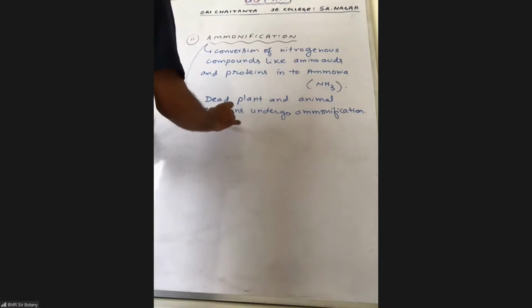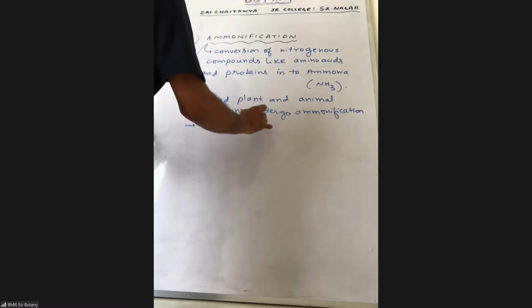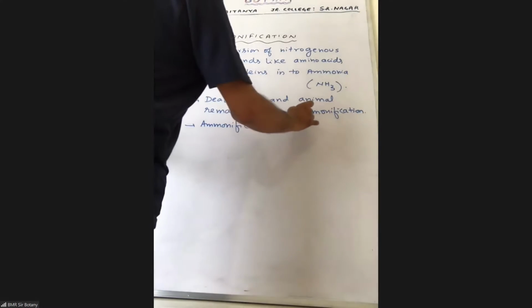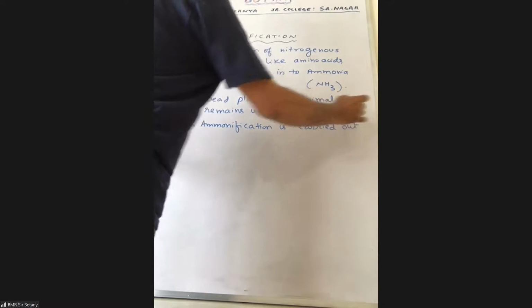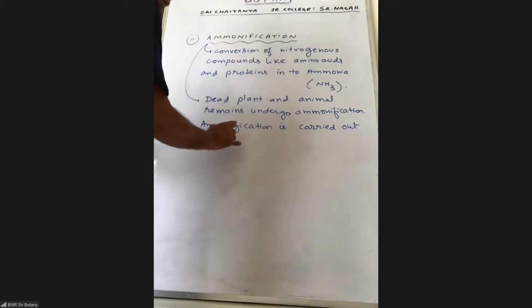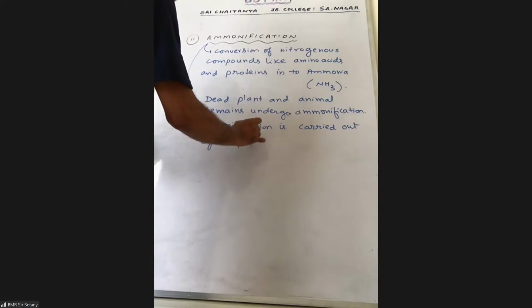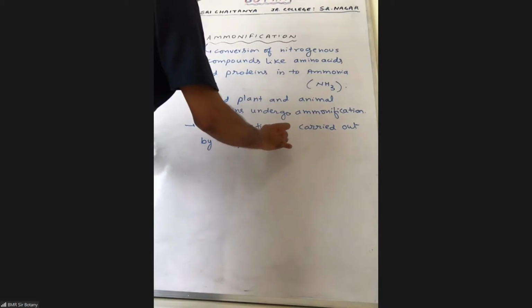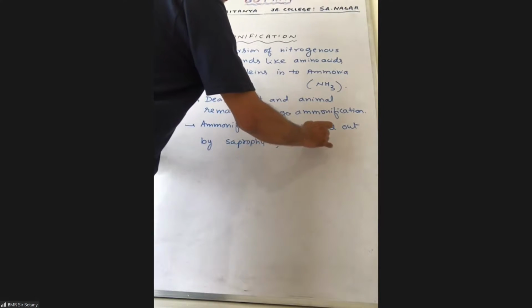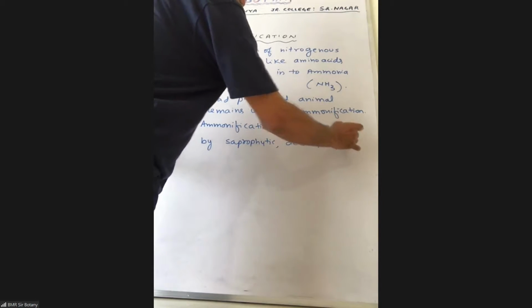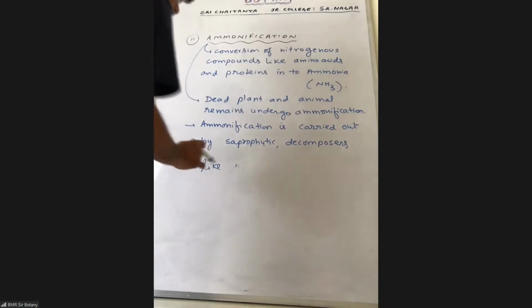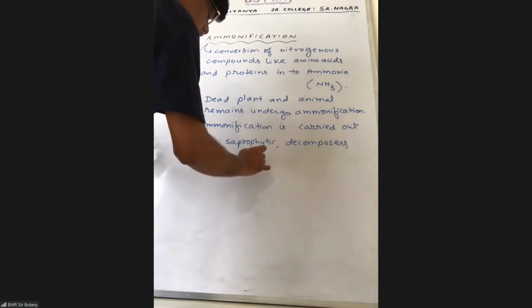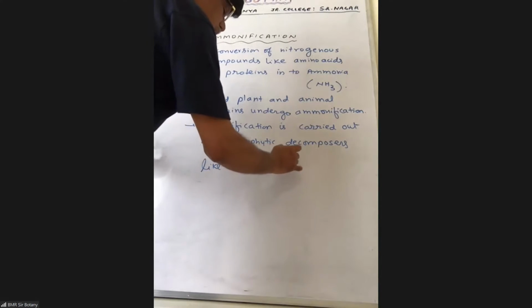Ammonification is carried out by saprophytic decomposers like one, Bacillus. Different species are there, Nana.